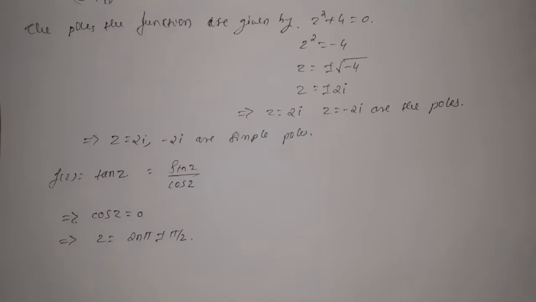So after completing one revolution it will again start from 0. Therefore all these values of z will give cos z equal to 0. So these are all the simple poles of the given function f of z equal to tan z.